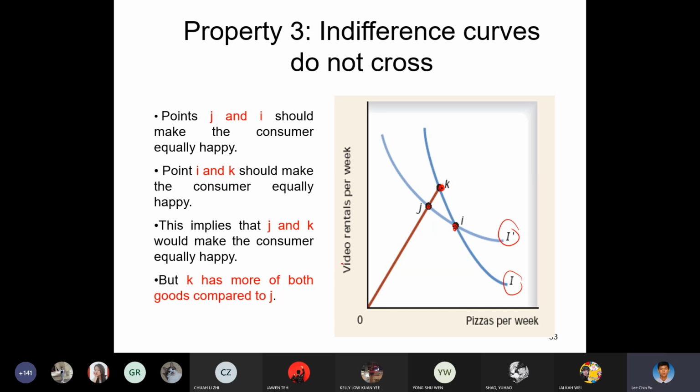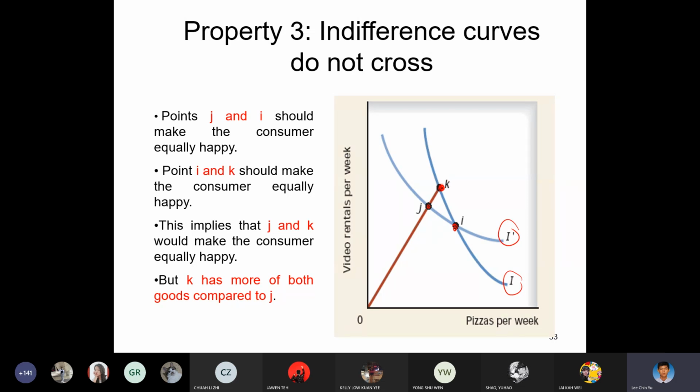Is it true? The answer should be no. Why? Because you follow property number 1, so K is preferred to J. Because K has more of both goods compared to J. That's why we cannot cross the indifference curves. They must be downward sloping and cannot cross.